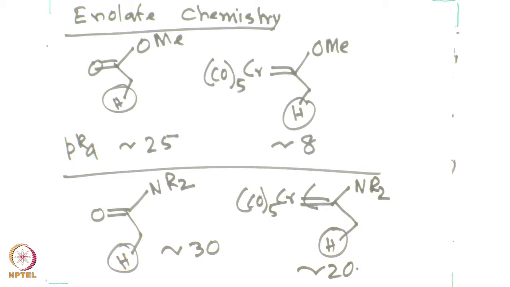So, this tells you that this is directly comparable, the enolate chemistry, and the pKa value is quite low. Low pKa means it is more acidic. This part, when you have this CH3 attached to a chromium pentacarbonyl, is much more acidic compared to when the CH3 is a part of an ester.